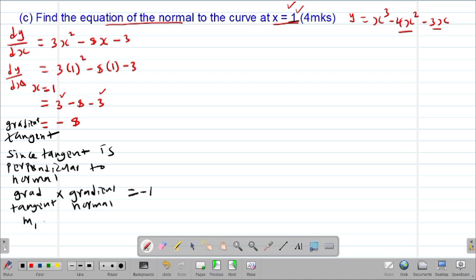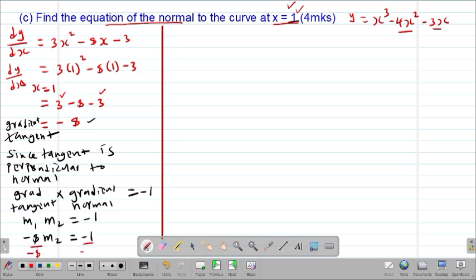So m1 times m2 must give you negative 1. If m1 is negative 8, then negative 8 times m2 should give us negative 1. Therefore, I divide through by negative 8 over negative 8, so m2 will be equal to positive 1 over 8. That is negative over negative, which gives us positive.